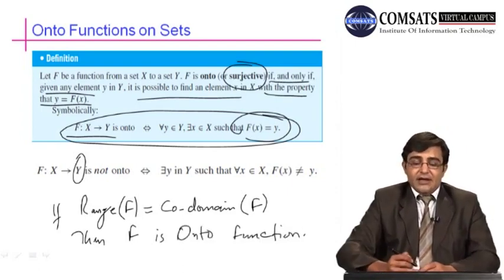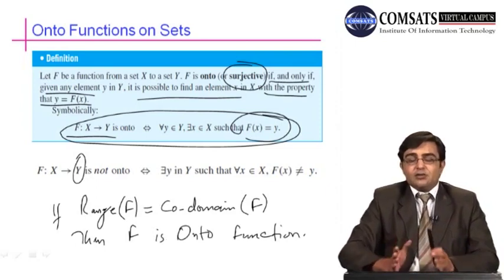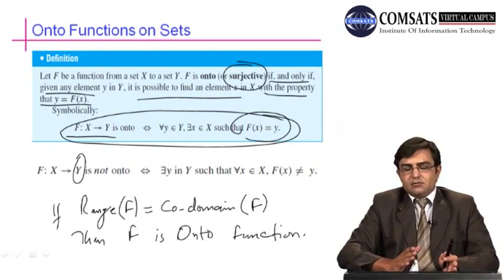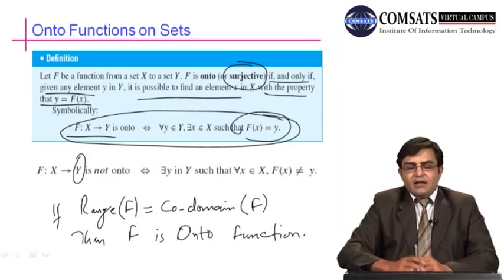Basically, the range of that function contains only those elements which are images of some elements of x. If range and codomain become identical, then we say that this function is an onto function.